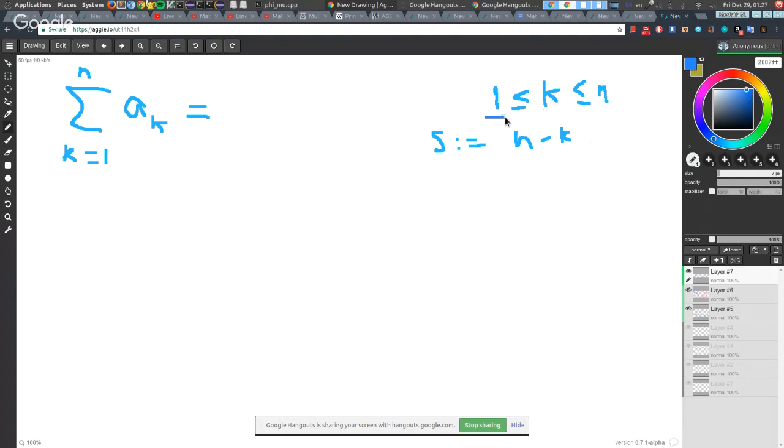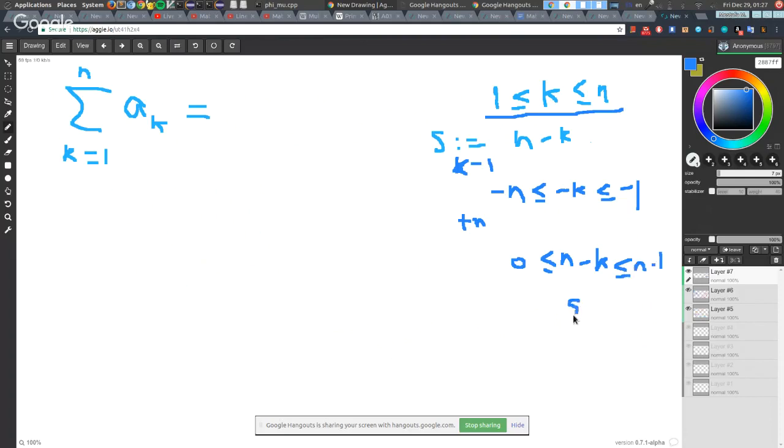Basically this inequality here, if we multiply it by -1, we'll have minus k. Like we all know, if we multiply by -1, we have to flip the inequality sign. Then we add n, and here this will be -1. When we add n, we end up having n minus k, which is then equal to n minus 1, basically our s.